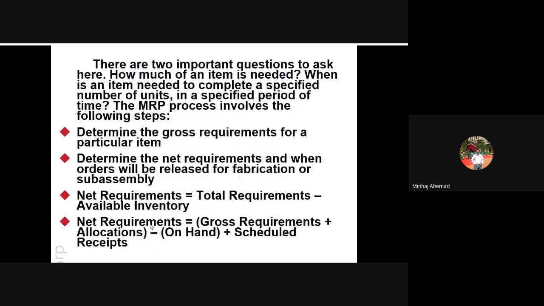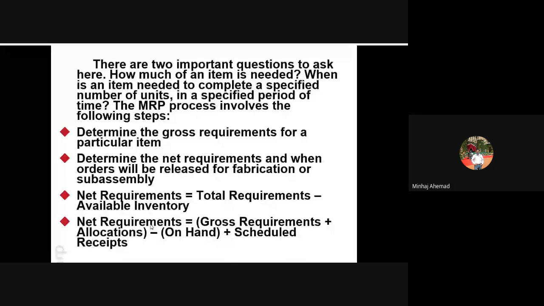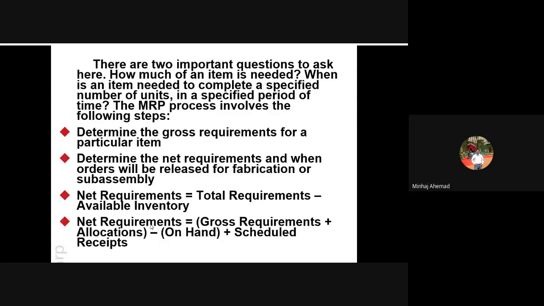There are two important questions to ask here. How much of an item is needed? When is an item needed to complete a specified number of units in a specified period of time? The MRP process involves the following steps. It determines the gross requirement for a particular item.